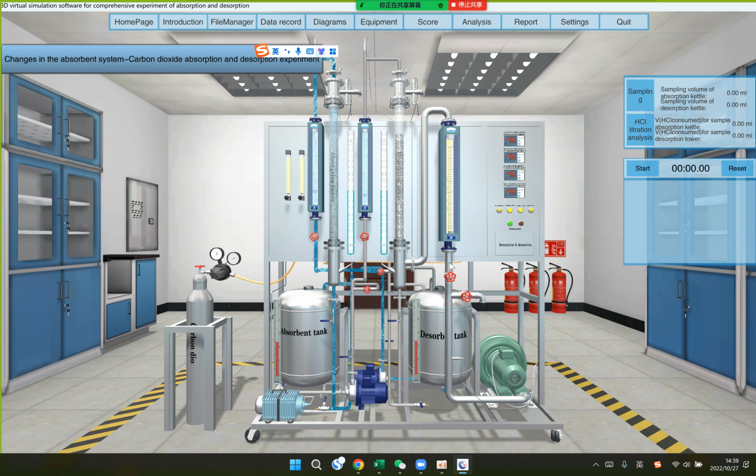So simply the liquid in this tank moves from this tower into the desorption tank, then moves into the desorption tower and back to the absorption tower. So the liquid flow rates should be equal to each other to make sure the level meters are equal to each other. So at this stage we can add some gas into the system.